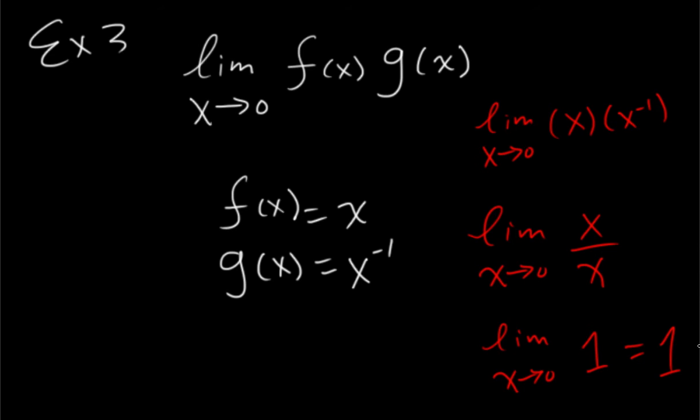Now, if we just try to plug in the limit, so if we look at the limit as x approaches 0 of x to the negative 1, we see that if we go 1 over 0, essentially, because this is like 1 over x, that's going to approach infinity.